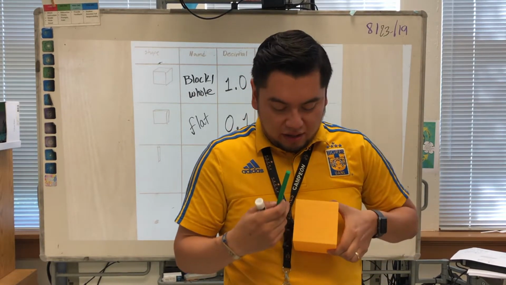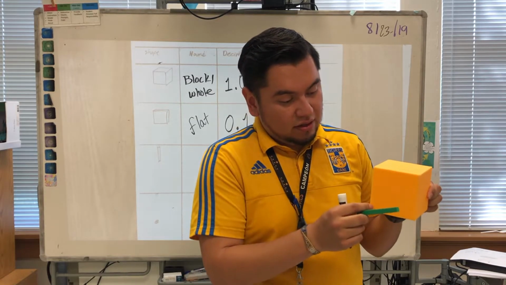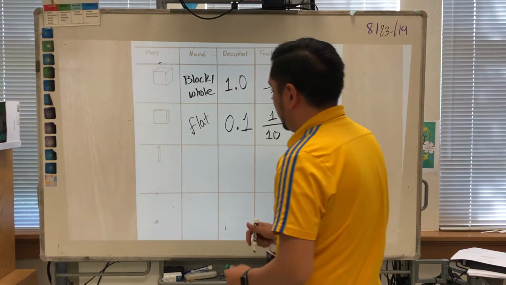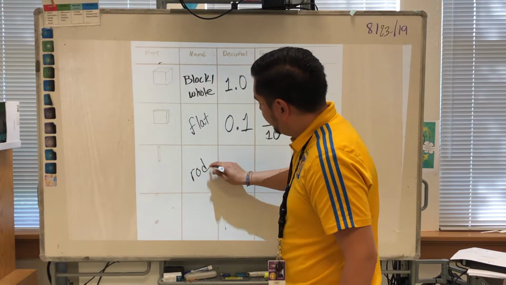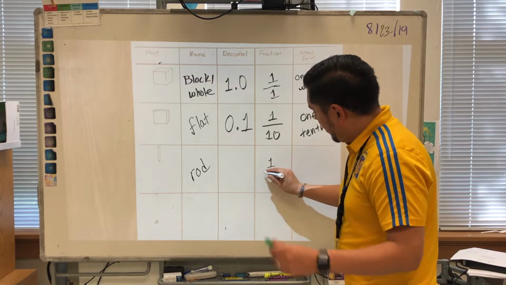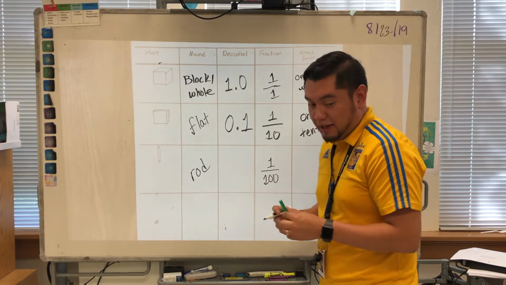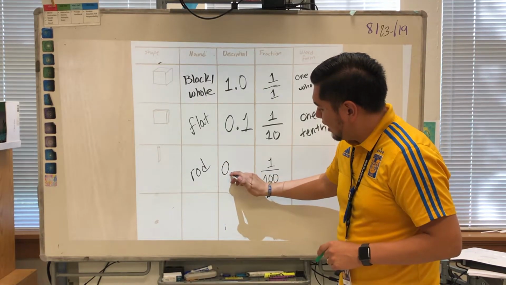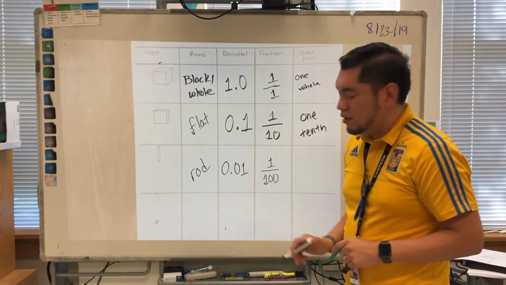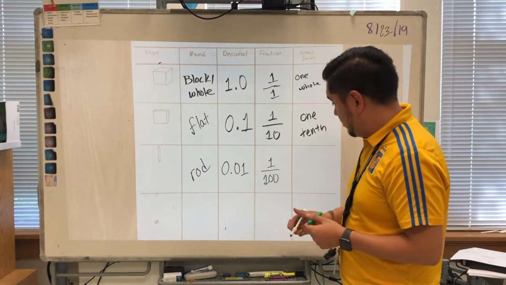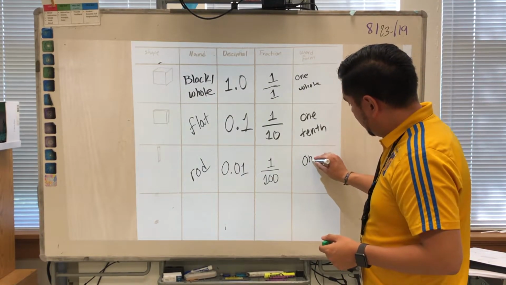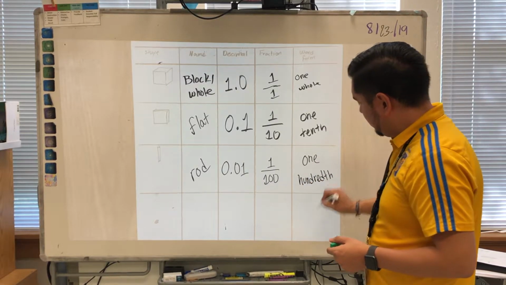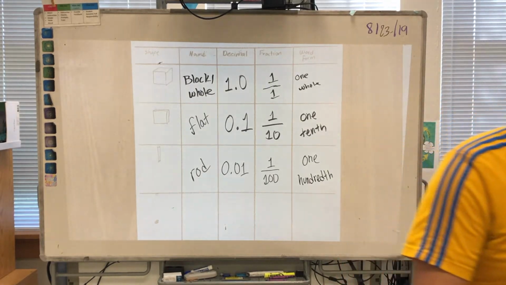Think about it. Here, each one of these has 100 rods. So this is going to be 1/100th of a whole. This right here, the rod, is 1 out of 100 that fit in the whole. And the decimal is going to be 0 and 1/100.